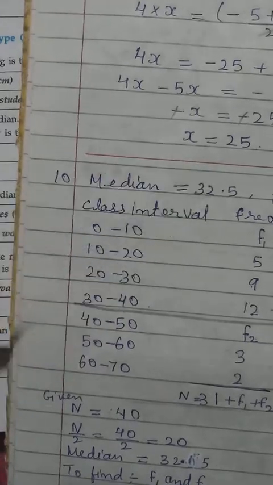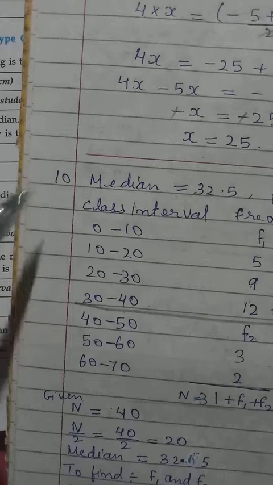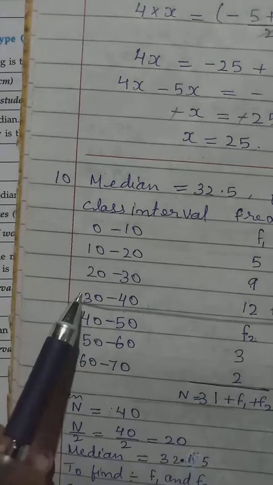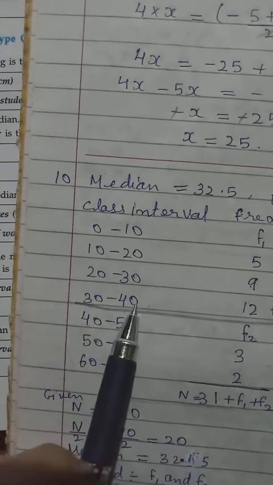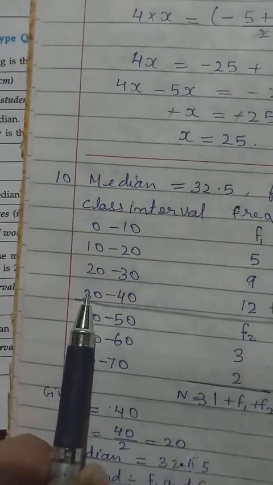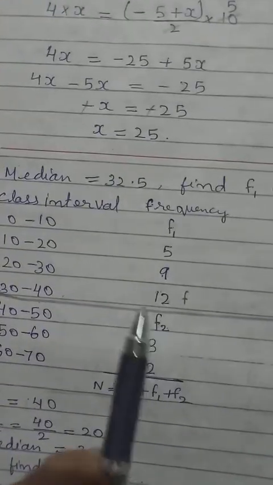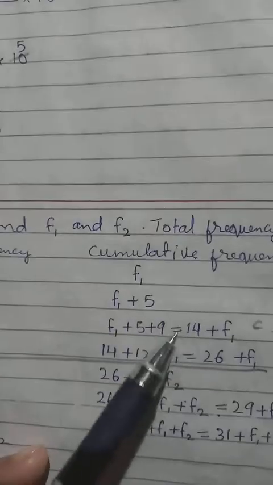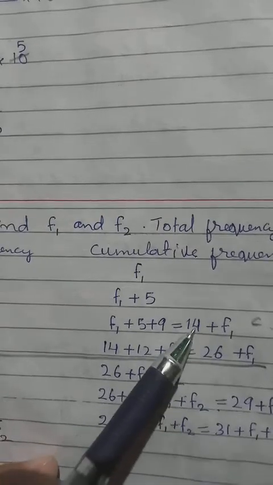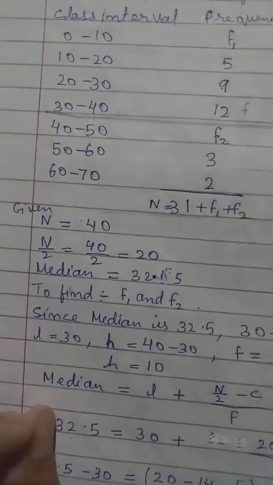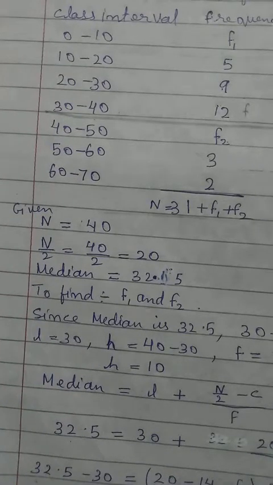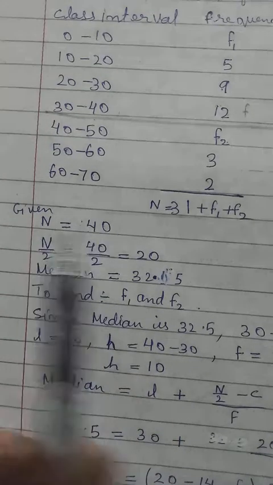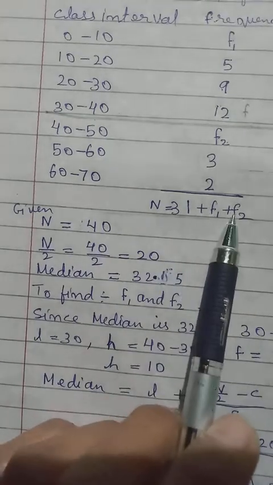Our lower limit L will be 30, H will be 40 minus 30, then F will be 12, and C will be before the median class, which is 14 plus f1. So let's apply the formula. Already given the total frequency, we get 31 plus f1 plus f2.